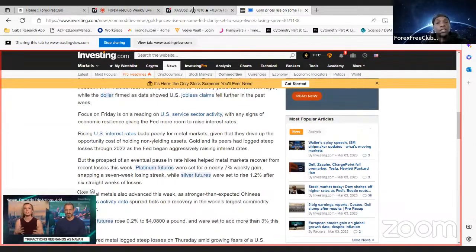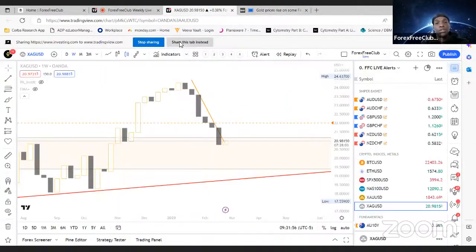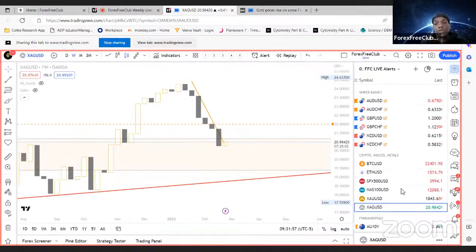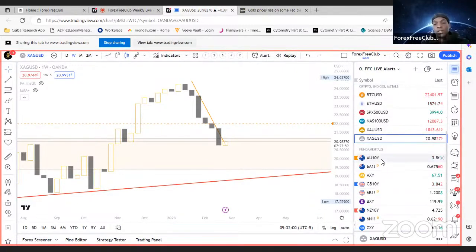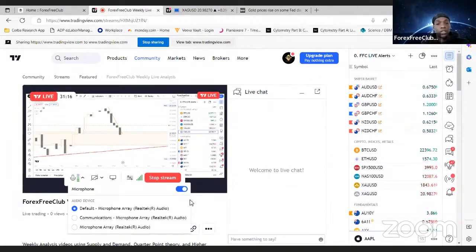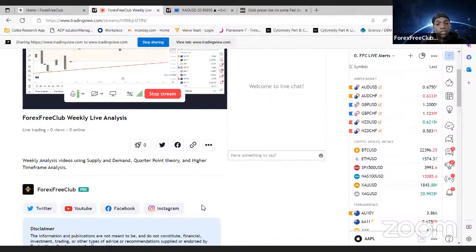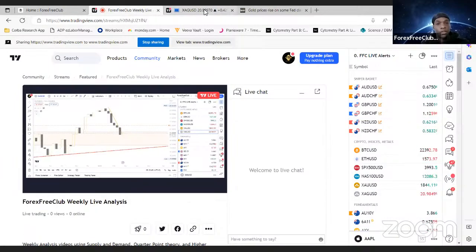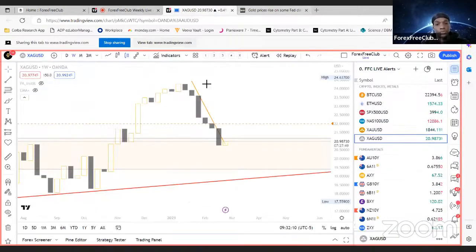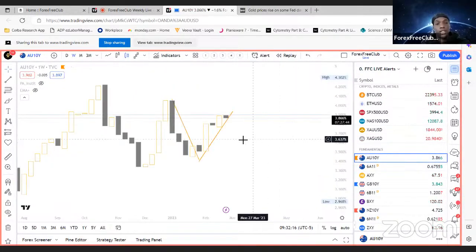All right, so that's the news. We'll get to our fundamental analysis, and then let me see if there's any questions now. Actually, all right, I don't see any questions. All right, so let's look at Australia 10-year yields.